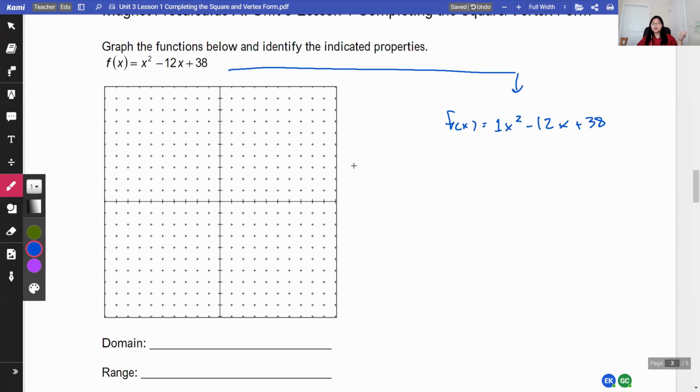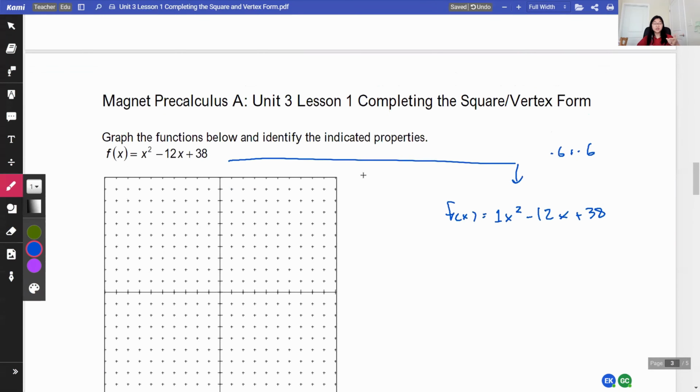We'll get negative 12 when we add negative 6 and negative 6. Those are the two things that add to negative 12. So we take half of 12. And so we should have x squared minus 12x plus 36. But right now we have plus 38.